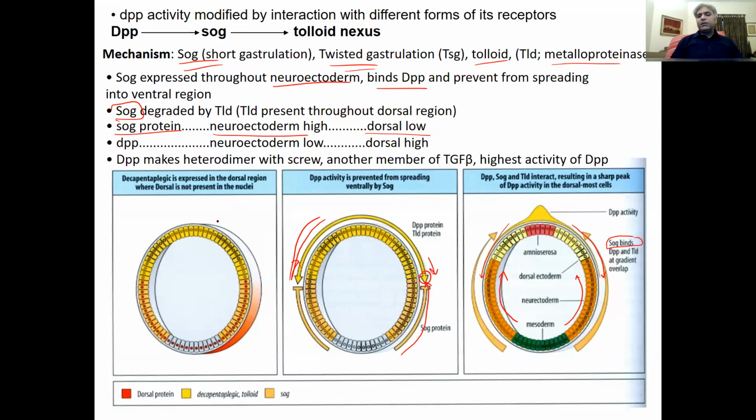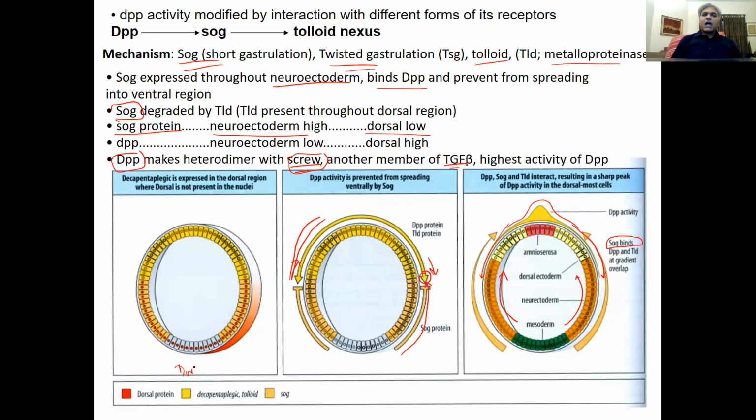In addition, DPP also makes a heterodimer with a protein called SCREW, which is another member of the TGF-beta family. Binding of DPP together with SCREW prevents DPP degradation, and that's how DPP becomes very high in the amnioserosa. Now, what has happened?